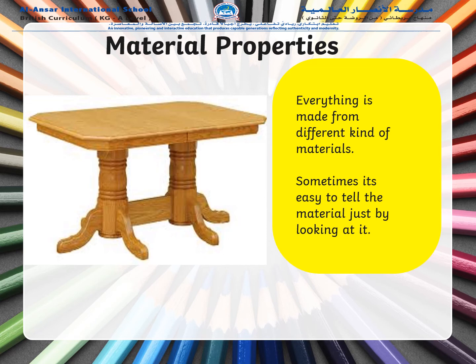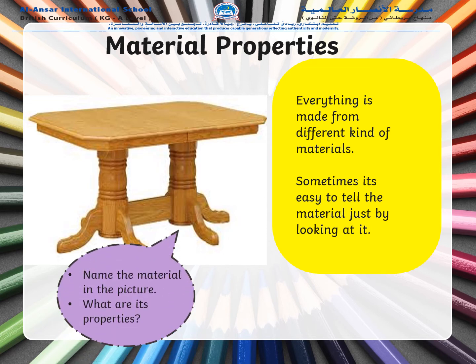It's made of a natural material called wood. Well done. Now think about the properties of wood. Is it soft or hard? You're right, it's hard. Is it bendy, flexible? No, it's not bendy, it's not flexible. It is rigid.